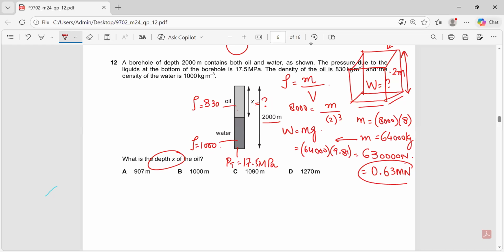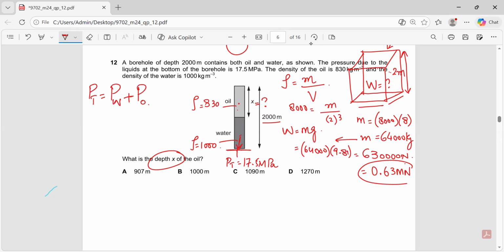What's the concept we are going to use? The total pressure exerted at the bottom of the bore will be due to the pressure of water plus the pressure exerted by the oil. तो हम इक्वेशन को कहां से स्टार्ट करते हैं? The total pressure at the bottom will be equals to the pressure exerted by the water plus the pressure exerted due to oil.